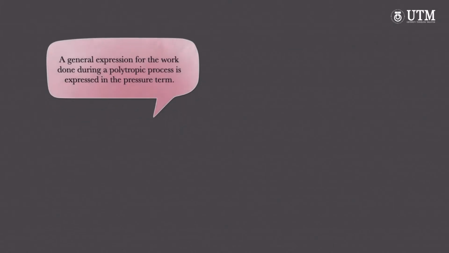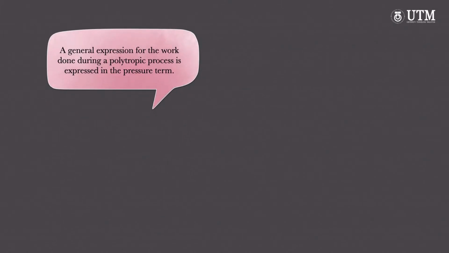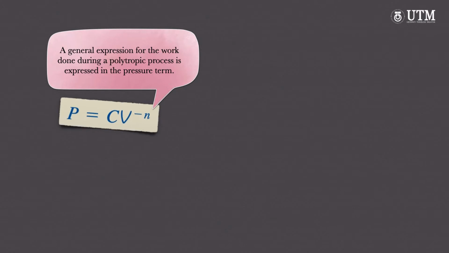A general expression for the work done during a polytropic process can be expressed in terms of pressure. Before that, let me introduce the pressure for a polytropic process as shown here.